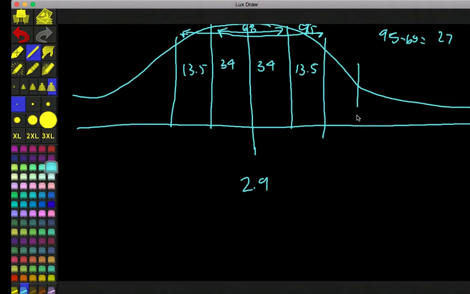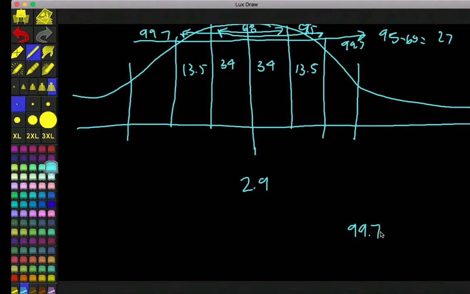Then my next standard deviation away from the mean, and this is not accurate really, this would be down in the slow end, but just pay attention to the lines. All right, the next one is 99.7. So I'm going to do this down here. 99.7 subtract 95 leaves me with 4.7, right?